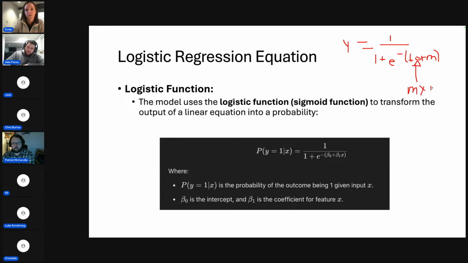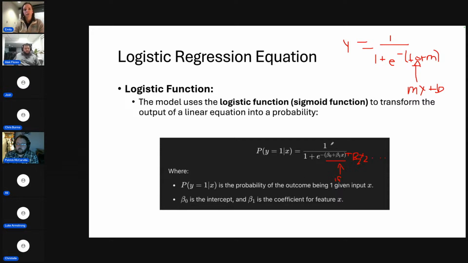Or, as you see in this formula here, beta sub naught plus beta sub 1 times x. And remember, this is just one feature here, but you can imagine that if we were to expand this formula inside of that parentheses, you could also do beta sub 2, x sub 2, all the way up to beta sub n, x sub n.